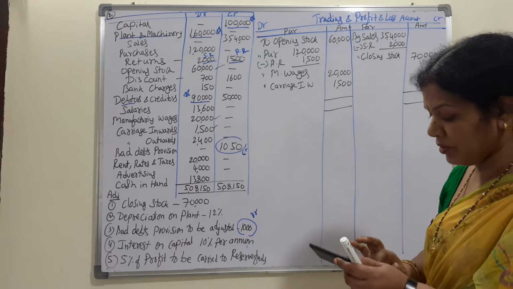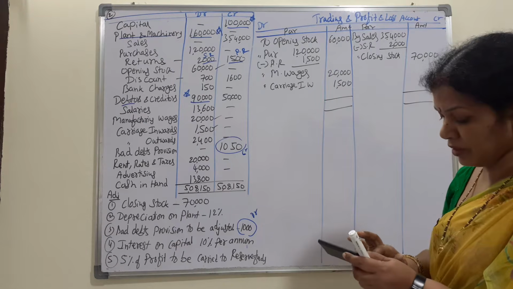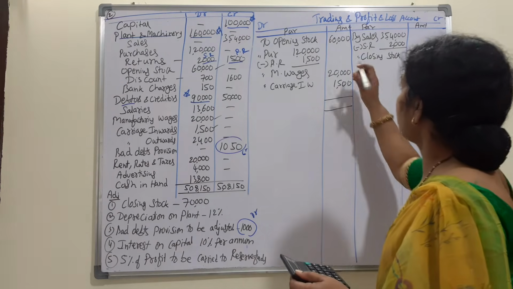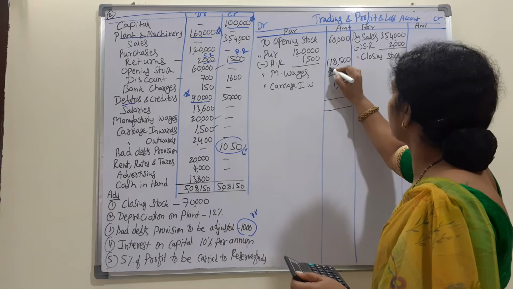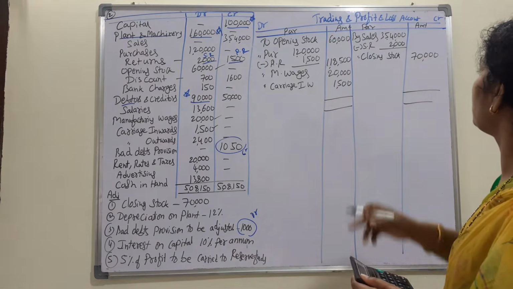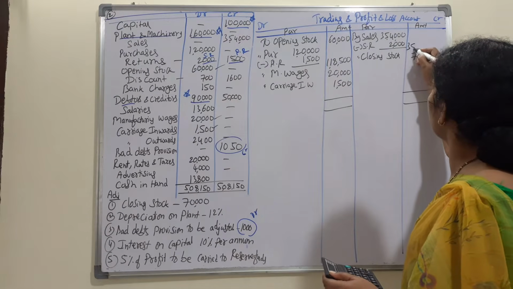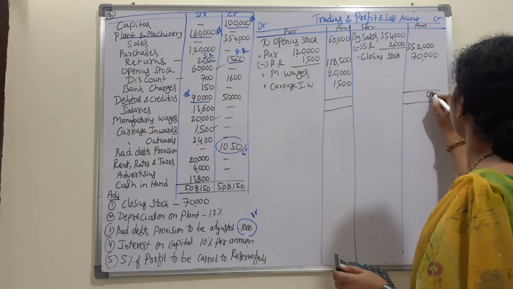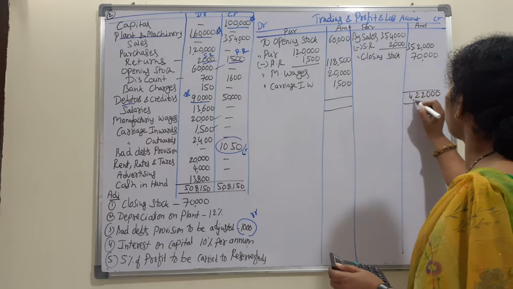Anyway, check it. And here 3,54,000 minus 2,000 means 3,52,000. If we total up, 4,22,000.